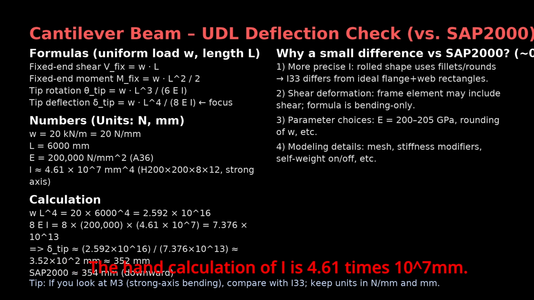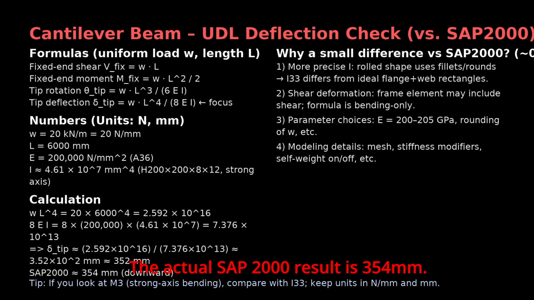The hand calculation of I is 4.61 times 10 to the 7 millimeter to the fourth. So our calculation is 352 millimeter. The actual SAP2000 result is 354 millimeter.